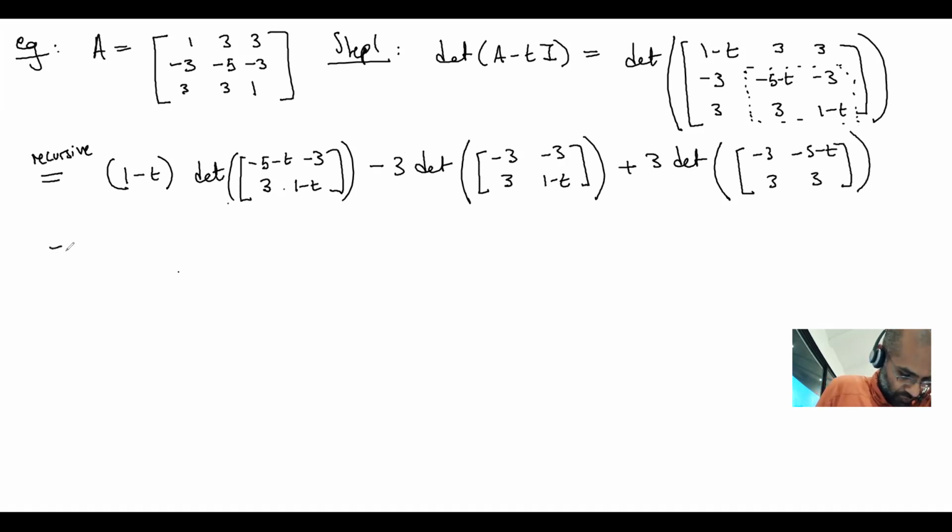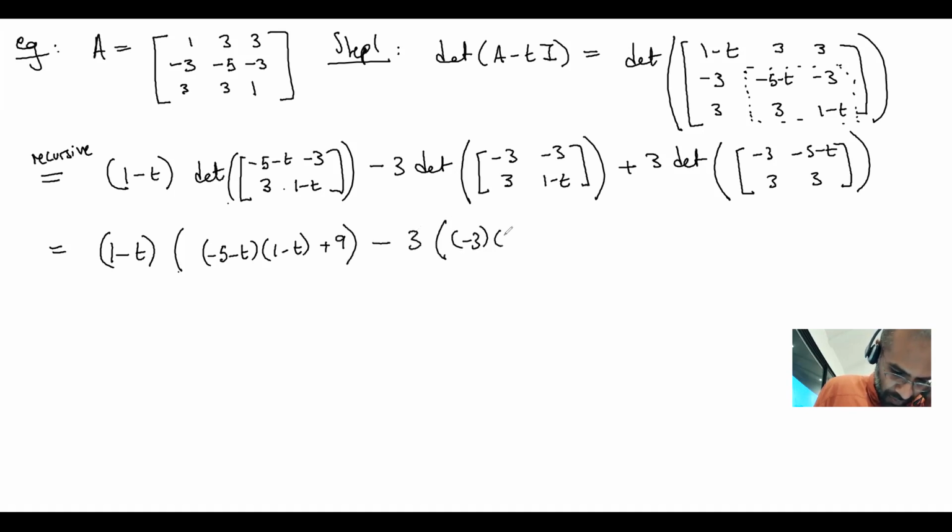And now, okay, you do one more time. So you get that this is 1 minus T, and now here you get minus 5 minus T times 1 minus T plus 9. Minus 3, here you get minus 3 times 1 minus T plus 9.